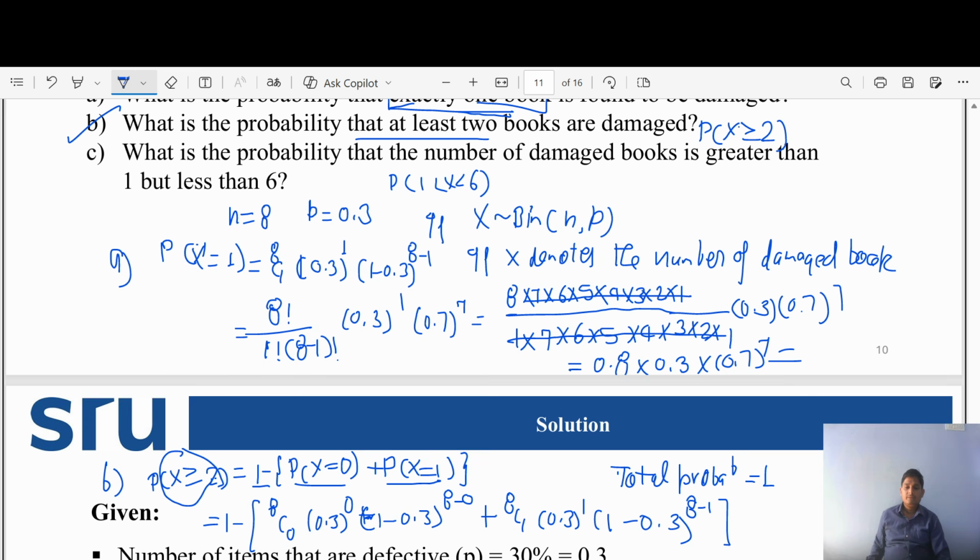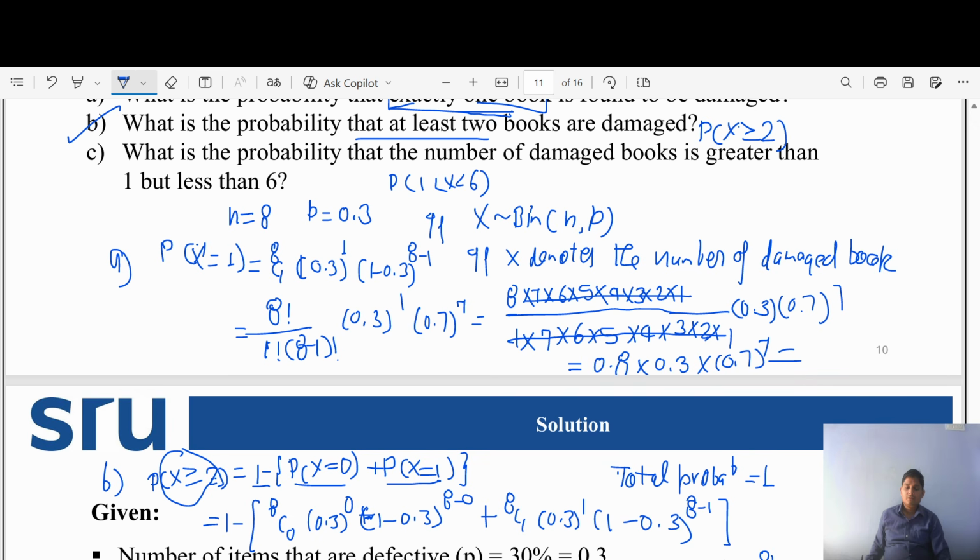So this becomes 1 minus 8C0, which means 8 factorial over 0 factorial, 8 minus 0 factorial, 0.3 to the power 0, into 1 minus 0.3 which is 0.7 to the power 8, plus 8C1, which means 8 factorial over 1 factorial, 8 minus 1 which means 7 factorial, 0.3 to the power 1, 0.7 to the power 7.